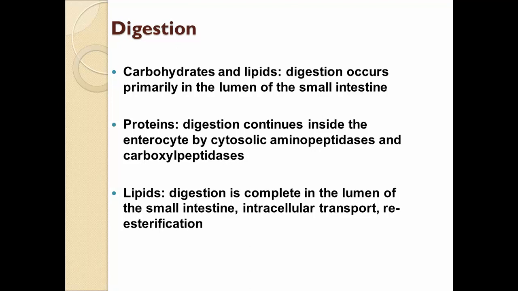Remember, enterocytes secrete 2 important enzymes, aminopeptidase and carboxypeptidase, which can further cleave and break down the di- and tripeptides inside the enterocytes. This is something different, because for carbohydrate and lipids, we already finish the digestion in the small intestine and then absorb into enterocytes.